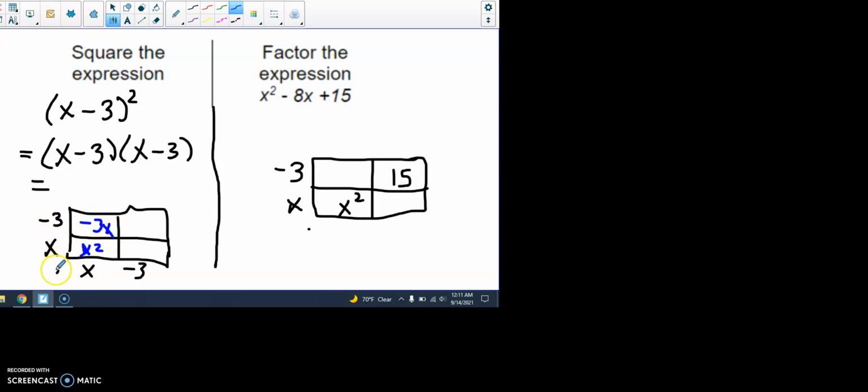And then going back, x times -3 would also be -3x. And then -3 times -3 would be 9. So the final answer here is x squared, we have a -3x and another -3x, that would be a minus 6x, plus the 9.